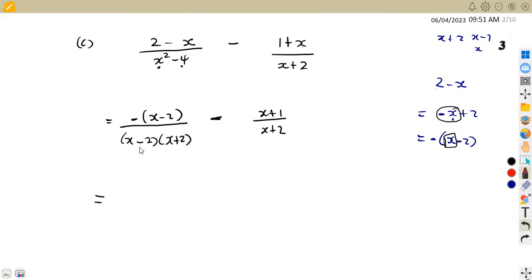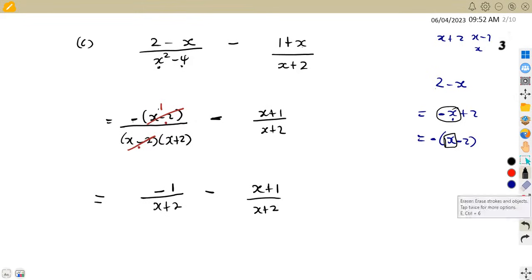The x minus 2 in the denominator and the x minus 2 in the numerator, which we can cancel together. It's very mathematical for us to cancel at this stage if these two brackets are the same. So this is going to give us a negative 1. So if you note, on the numerator, we are obtaining negative 1 over x plus 2 in the denominator minus x plus 1 on the other part over x plus 2.